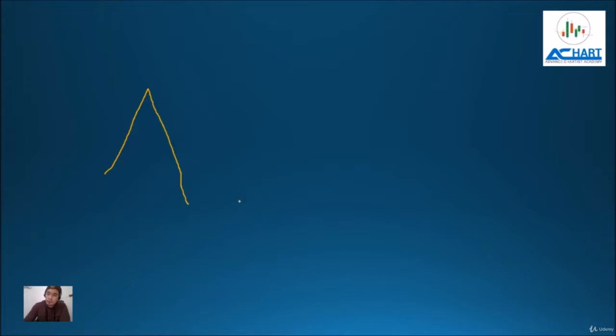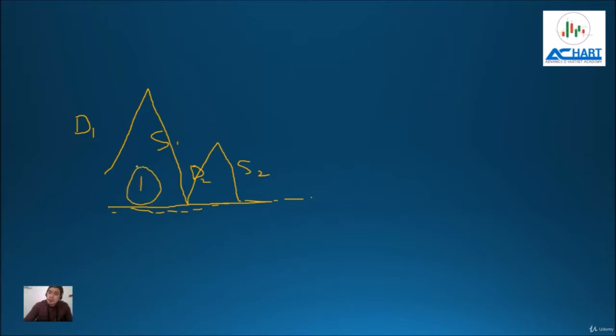Now we can see this is one line, same, and when we analyze this loop, this is demand line number 1, this is supply line number 1, this is demand line number 2, and this is supply line number 2. For loop number 1, the seller is aggressive compared to the buyer, so we can say the seller is more dominant.